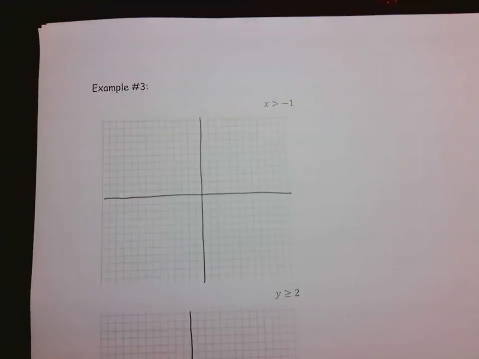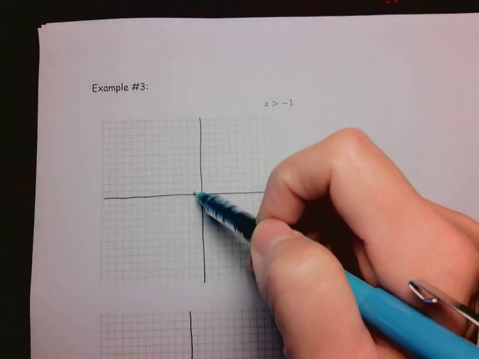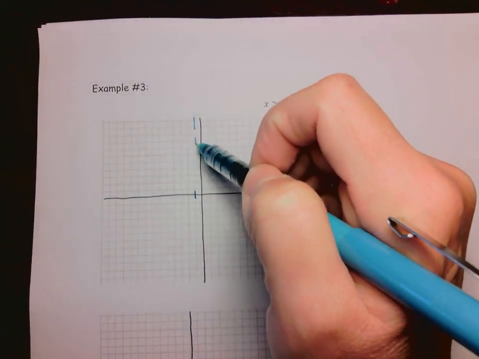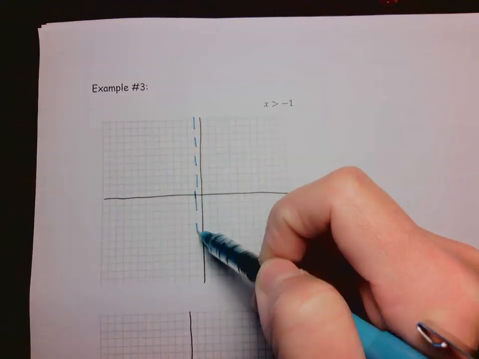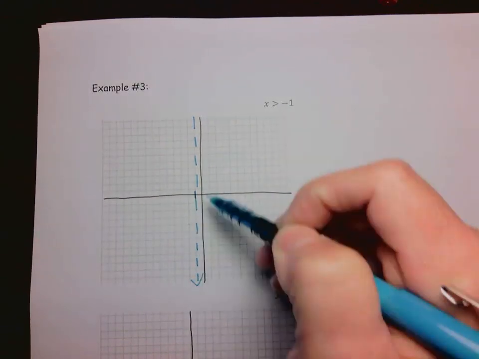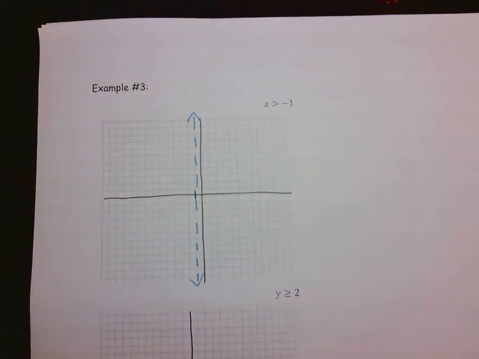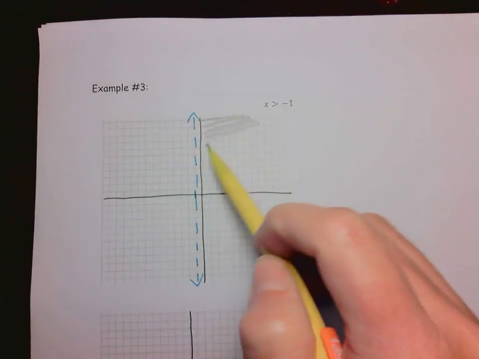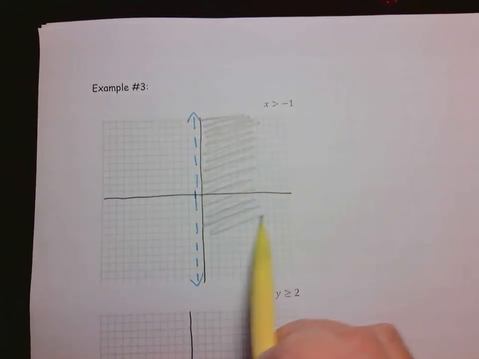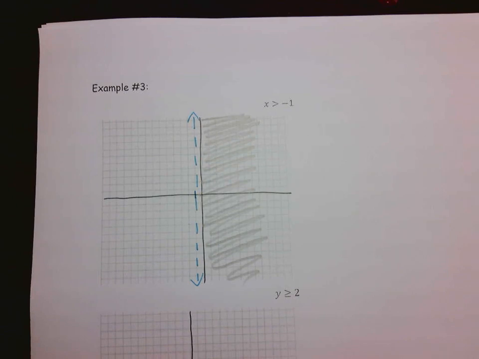Example number 3, x is greater than negative 1. So how am I going to graph x is greater than negative 1? And what exactly does this mean?